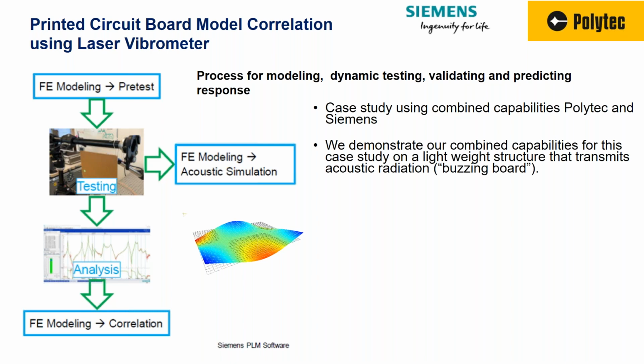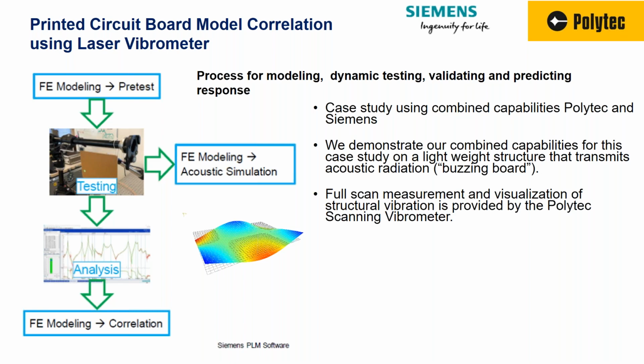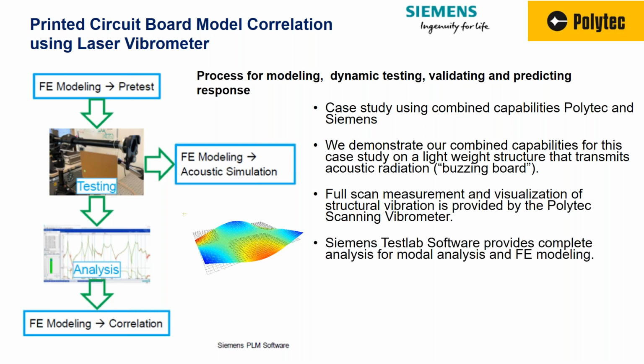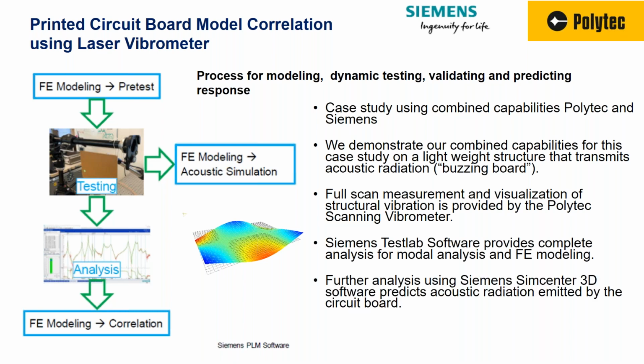So we picked a case study where we have a lightweight component where it's important to test with the vibrometer, and you have a buzzing component on there that creates sound, it creates acoustic radiation. So how can we test that? How can we make a model of that? How can we validate that model? And what can we do with that model once we have it? That's the goal of today's presentation. That's what we want to show with our combined presentation.